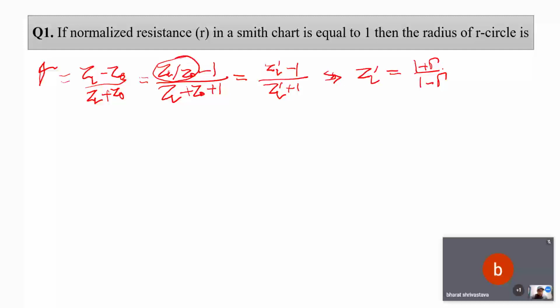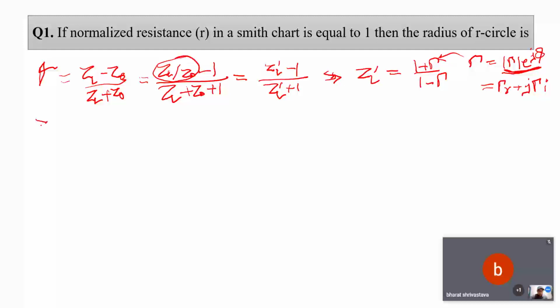As we all know, gamma can be defined in terms of both magnitude and phase angle, so we can define it in polar coordinates, but we can also define it in the rectangular coordinate system. It is defined as gamma r plus j gamma I. Let us now replace gamma here.